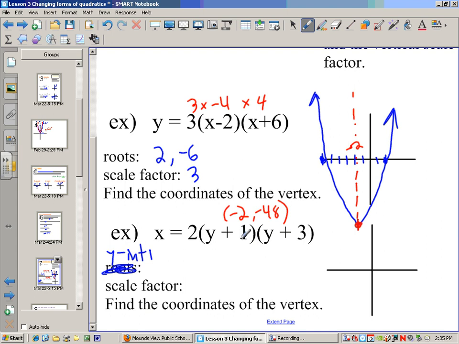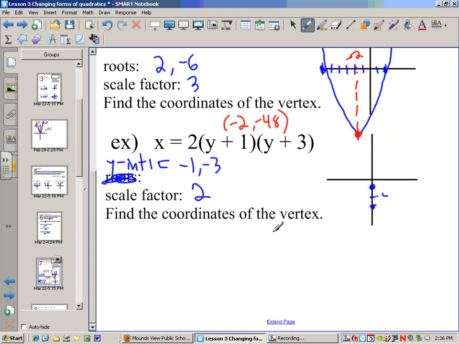The y-intercepts on this will be negative 1 and negative 3. Now the scale factor is 2. So we know the y value has to be between them, and this should be pretty easy for folks. Negative 2 is going to be the y value of my vertex.